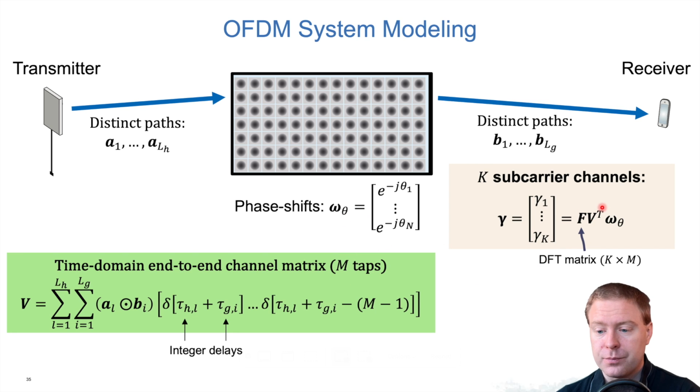And then we take this matrix with the transpose on it just as before, and we multiply it with this configuration vector. And that will then give us the channel on each of the different subcarriers. So if there were only one subcarrier, then f would not really exist here, and we would only have one column here. So that will bring us back to what we had before. But now we have multiple taps and we have multiple subcarriers.